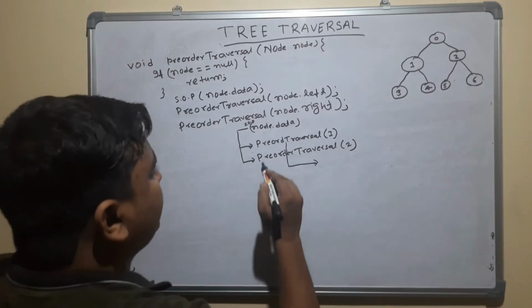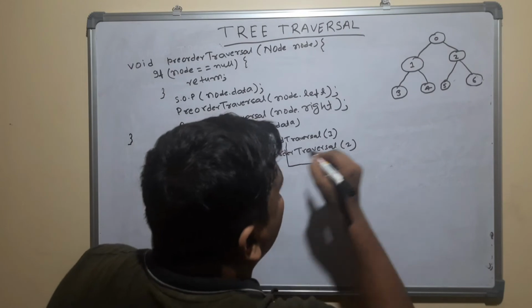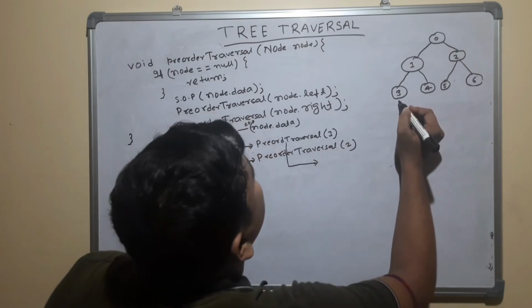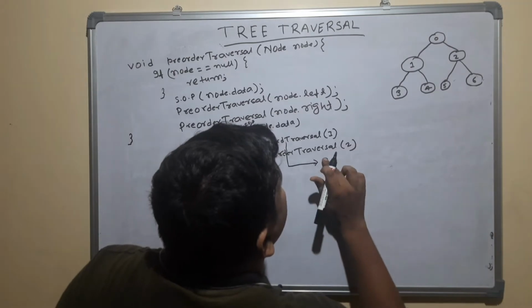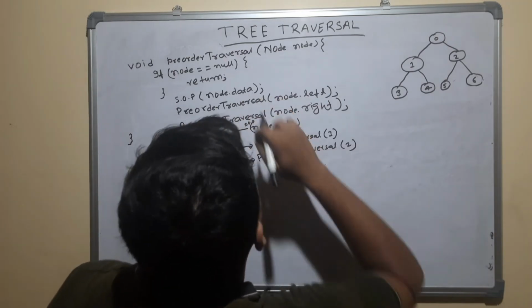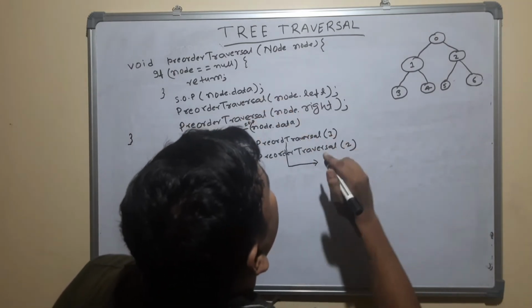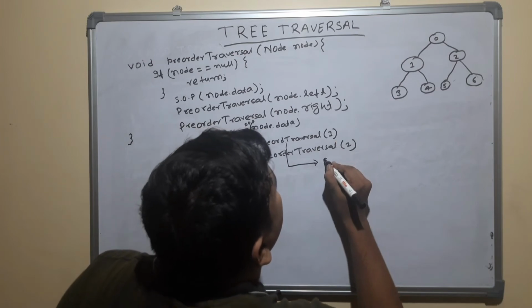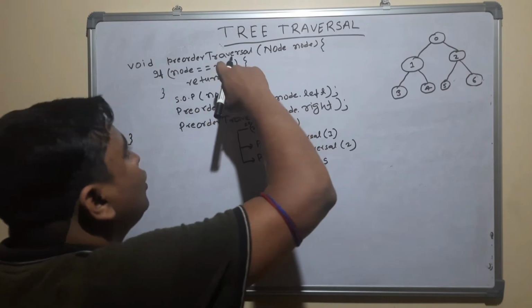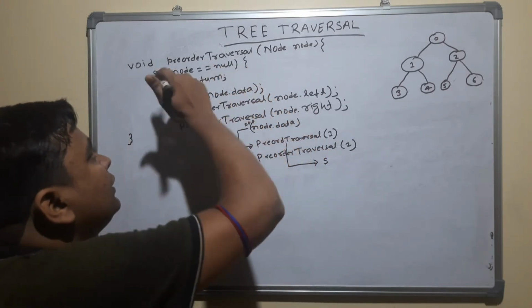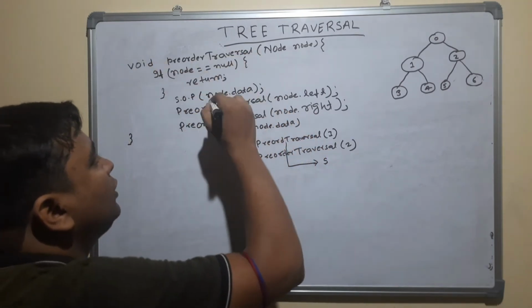So pre-order traversal of 1 will be called. First it will print node dot data. Here node is not equal to null, so this base condition will not be executed. It will come here.